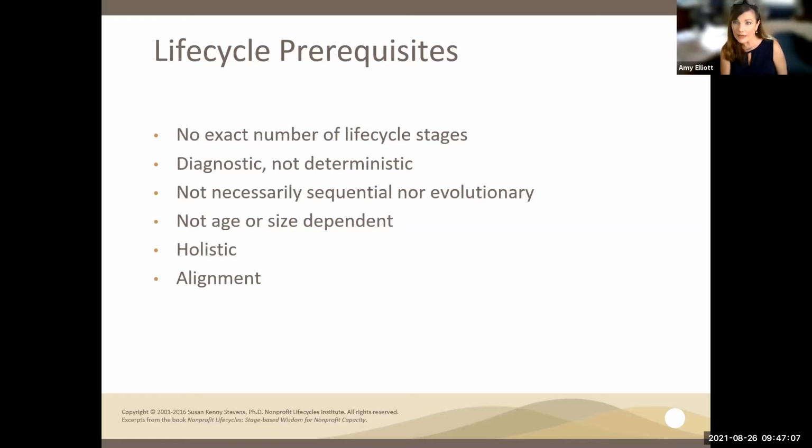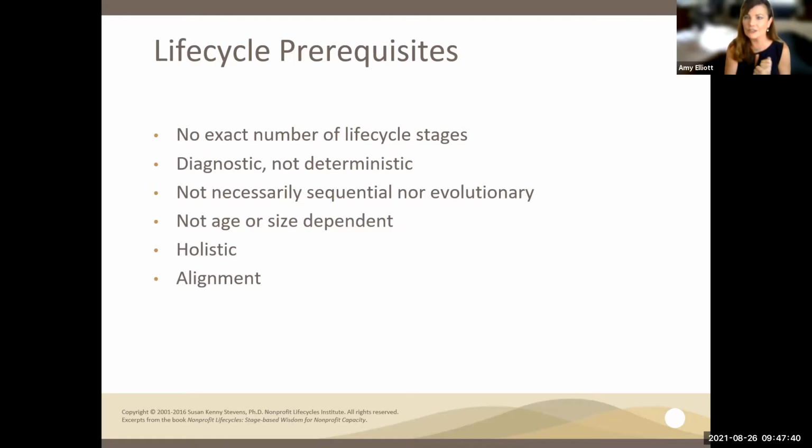We're going to talk about an exact number, but within each, you could put a whole bunch of different little dots. In fact, you'll find me saying sometimes late growth to early maturity, or this organization is in a turnaround, but they're termed. And so you'll hear me add sometimes extra words to the life cycle stage because it's not neat and clean, right?